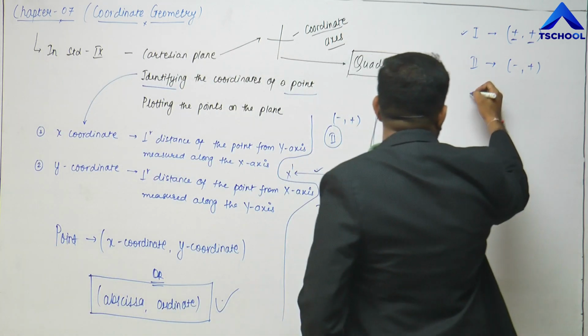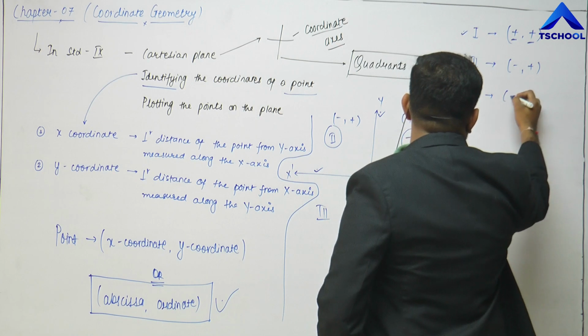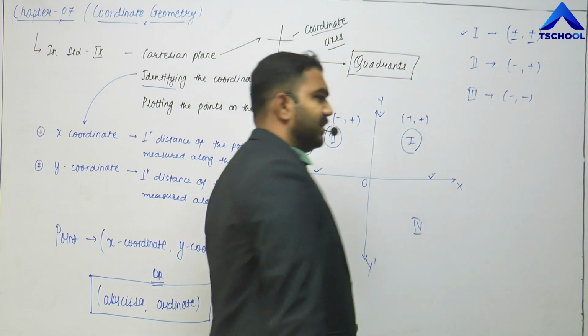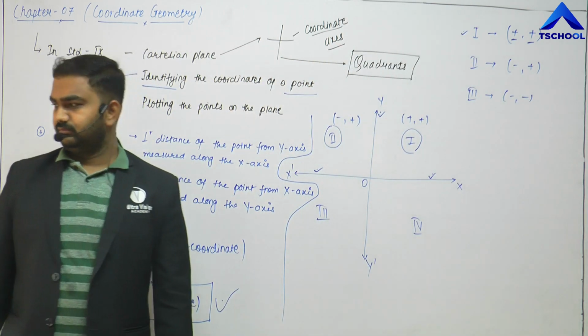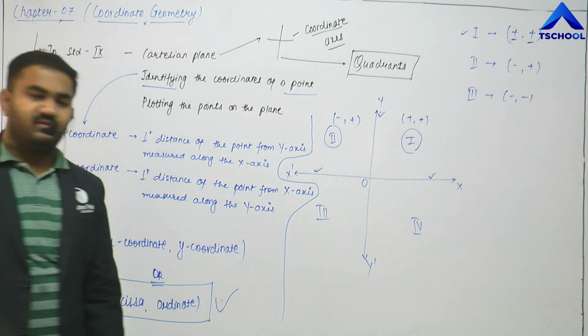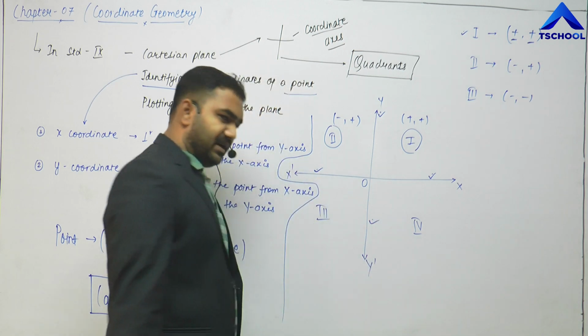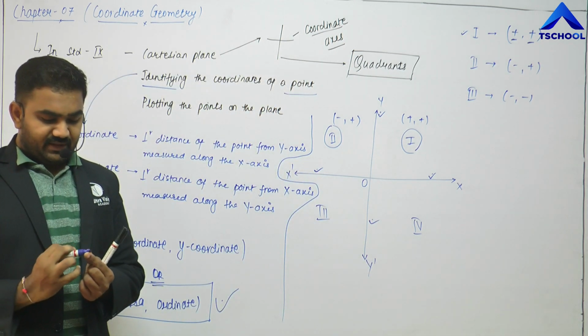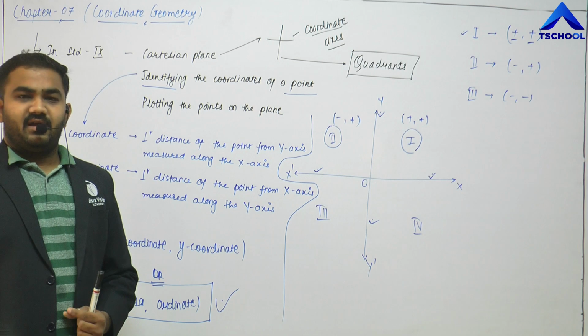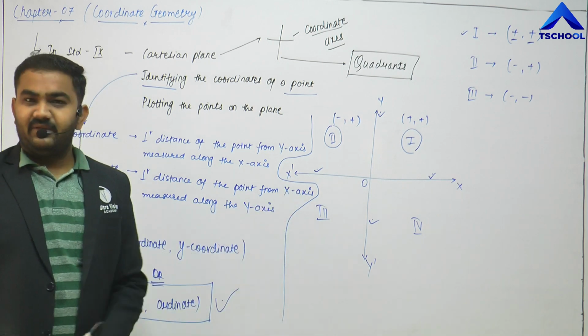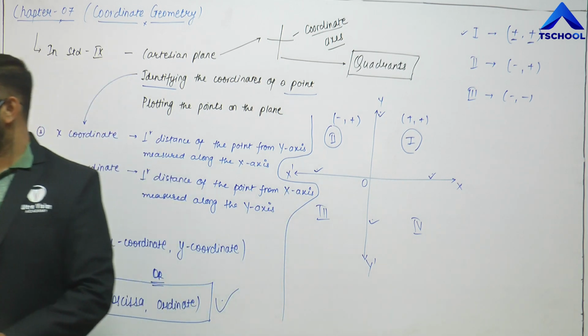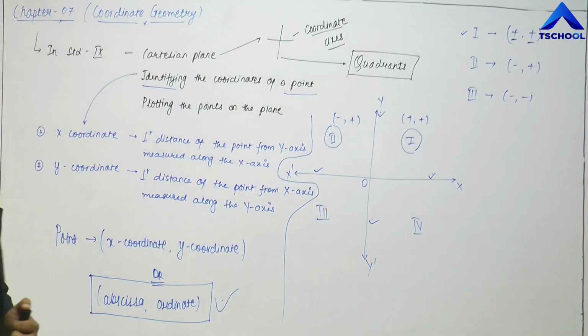any point lying here will be of the form minus minus, because the third quadrant is made up of, friends, negative x-axis and negative y-axis. So you can clearly say that the point on the negative x-axis will be negative and the point on the negative y-axis will also be negative.